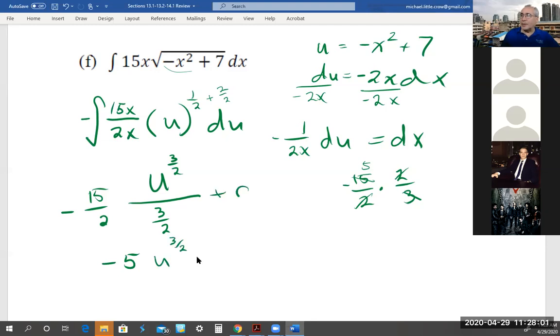I guess we should always put plus a constant. And then in the last step, as I back substitute for u, it's going to be minus 5 times minus x squared plus 7 to the 3/2 power, plus a constant.